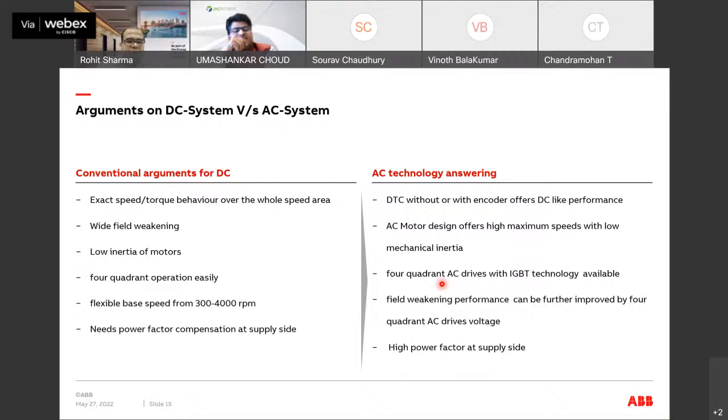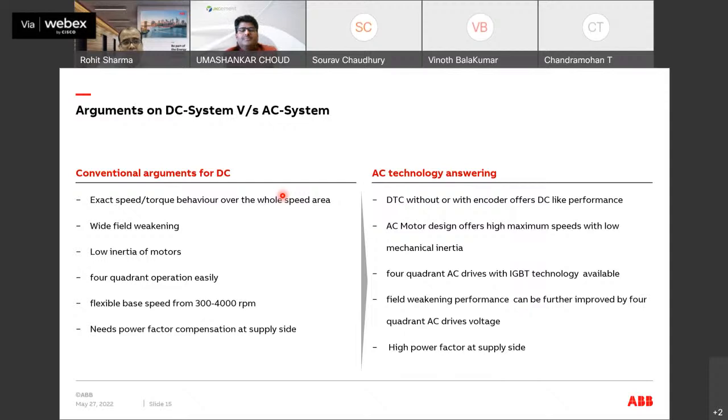Field weakening: the DC motor has two speed ranges, one constant torque and one field weakening range. So the AC motor design can be done based on that maximum speed range with respect to the DC motor field weakening and speed range, and it supports low mechanical inertia.